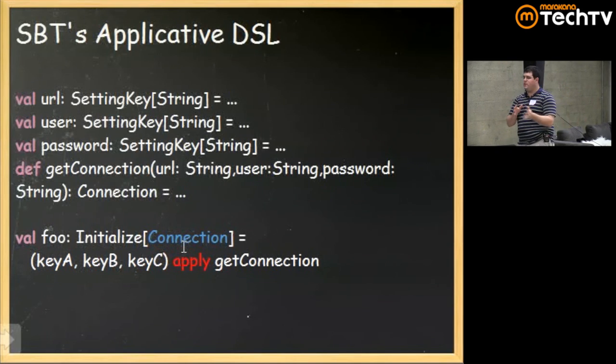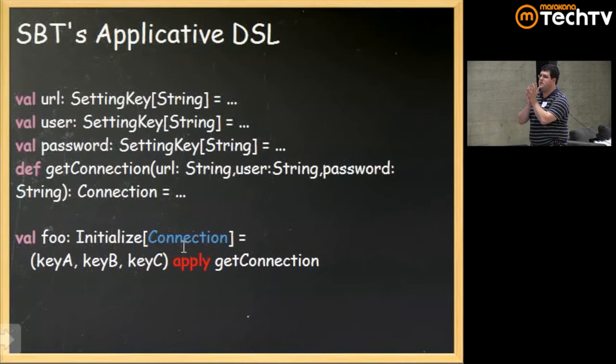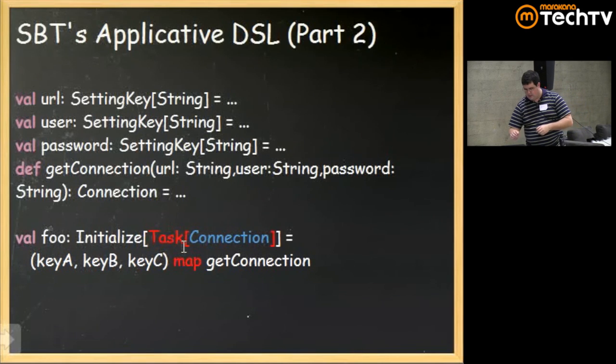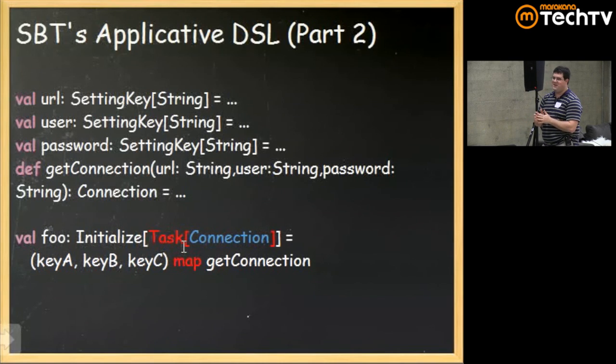Again, you really want to use this all the time because you will get parallelized builds. SBT has actually really good ability to parallelize how it computes things. Now, here's the annoying part, is if we have an initialize of task, right? Apply will work against initialize t's.